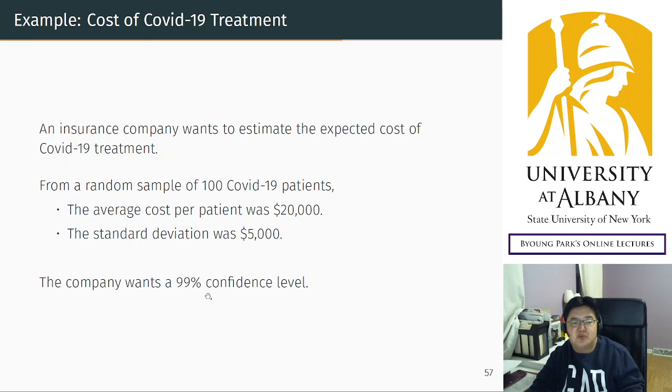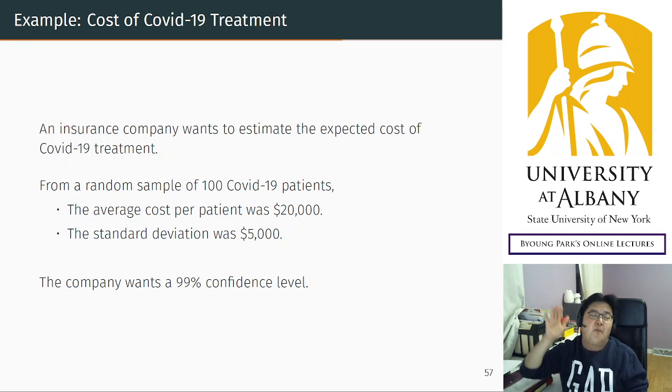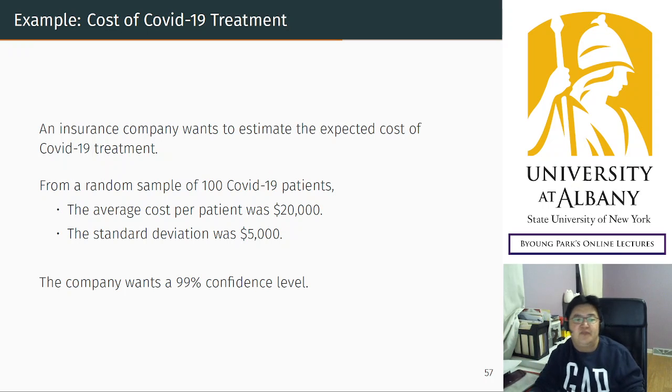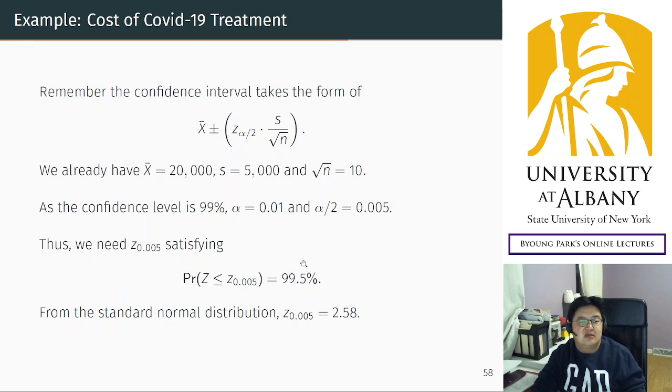So a 99% confidence interval implies 1% error probability. So each side has an error probability of 0.5%. So you have to find the point that is 0.5% from the top. That is calculated this way, right?